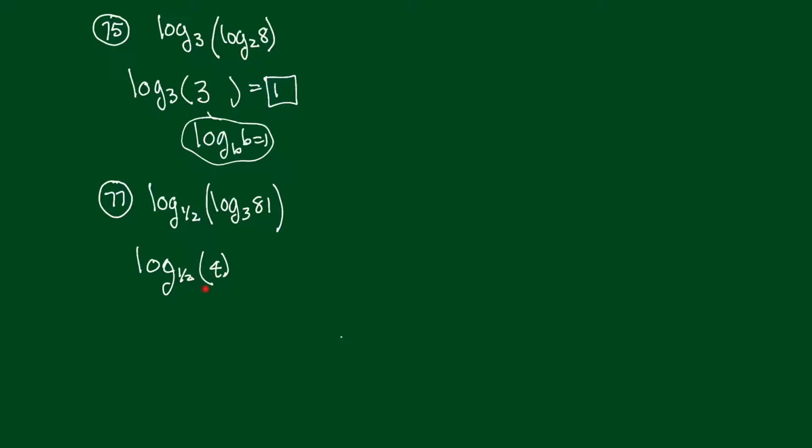Now I'm looking at an exponent again. So what exponent am I going to put on 1/2 in order to get me to 4? So I've got to think about this one here. This is going to be 1/2 to some power gets me to 4. Now I know this. If I had some kind of a 2 up here, I could get a 4 out of there. I would like to flip this fraction over, but if I do that, that's going to change the sign of that exponent.